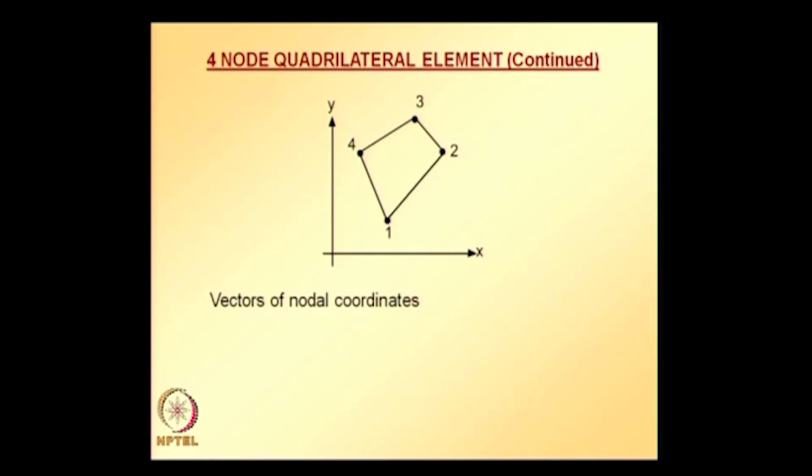Looking at the actual element, we can write the nodal coordinates here. There is a mistake: the vector of nodal coordinates consists of only x1, x2, x3, x4.